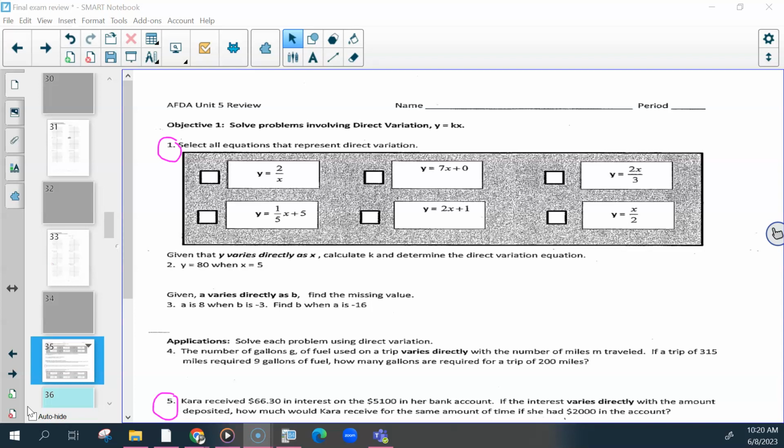Do you guys have questions in this section? If not, we're going to move on to the next section.